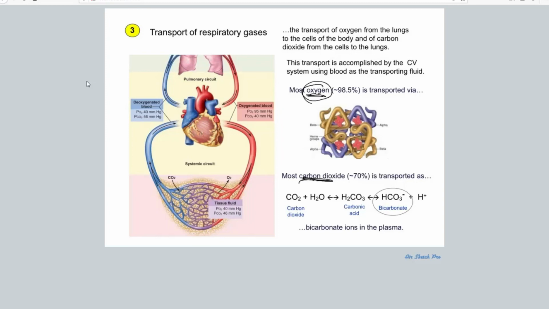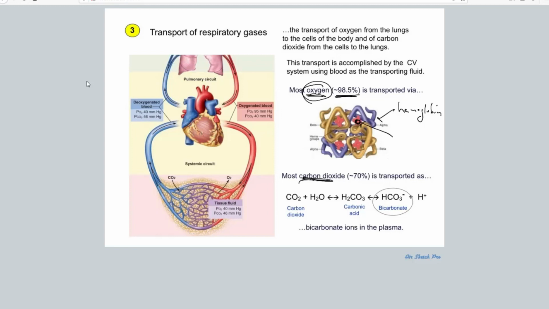Oxygen is a little more straightforward because we've already talked about this, but basically almost 99% of oxygen in the blood is transported by hemoglobin. And specifically, it's going to bind to an iron molecule that's located on that heme group right there. So that's how most of the oxygen is going to be transported through the blood.